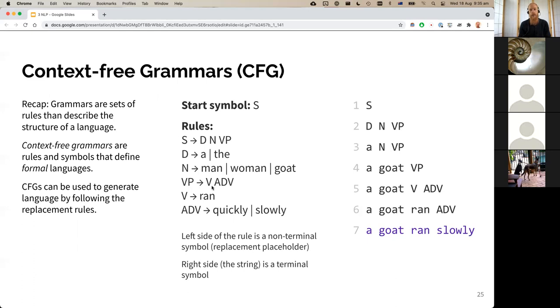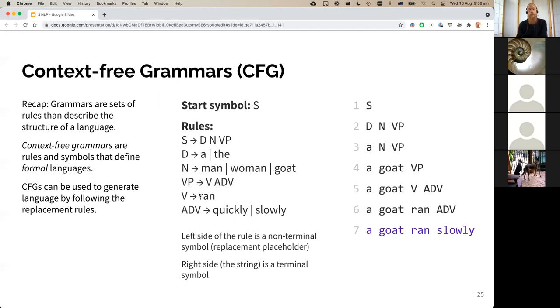So whenever we see a VP in our grammar, we know that we replace it with a V and an ADV, and the V is a verb, and here are our adverbs. So we can, by convention, use part of speech type labels, and that helps us to read the grammar, but you could use emojis.